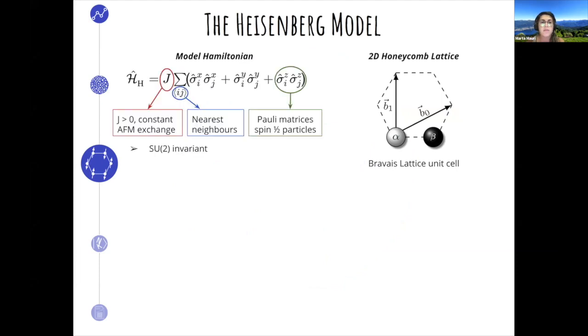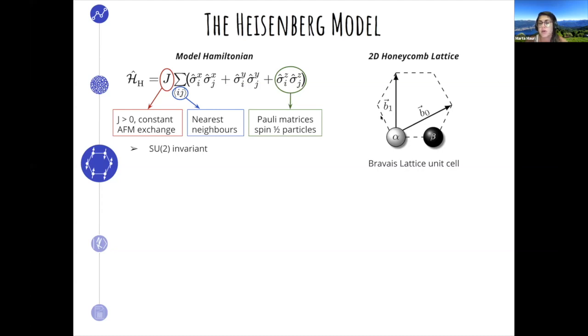To expand a little bit more on the model, we consider a positive coupling, so we are interested in the antiferromagnetic version of the Heisenberg model, and the sum runs just over the nearest neighbor pairs, and we consider spin 1/2 particles.